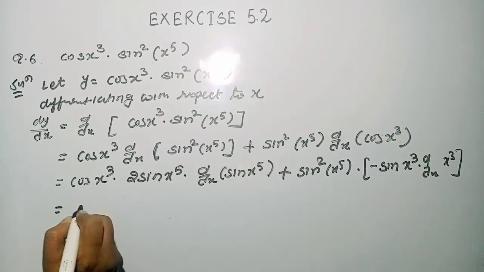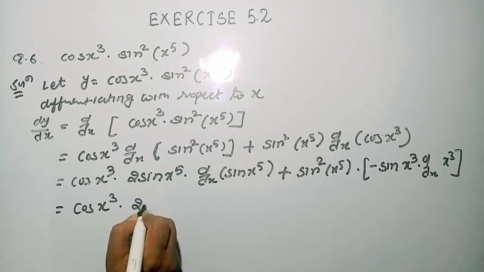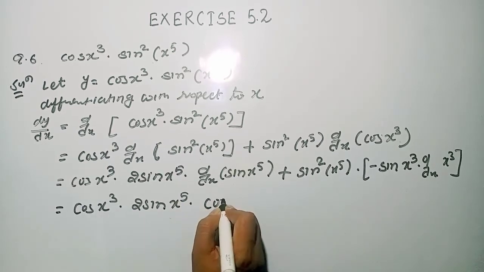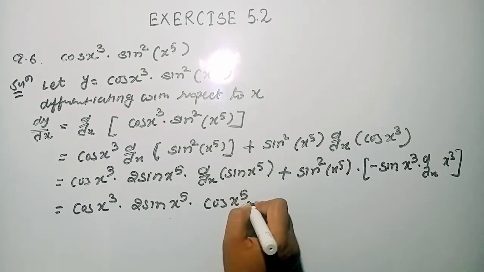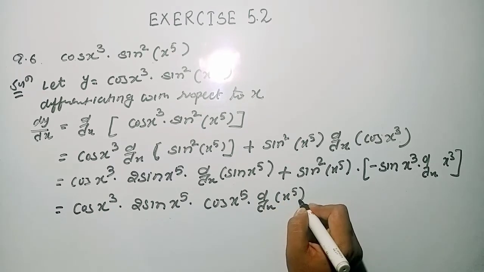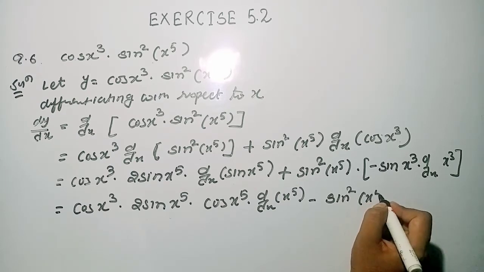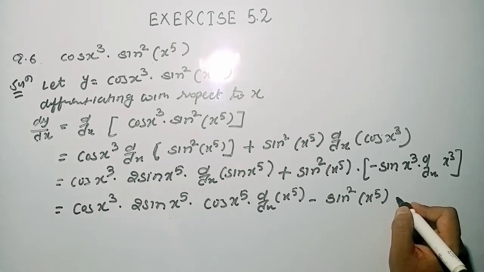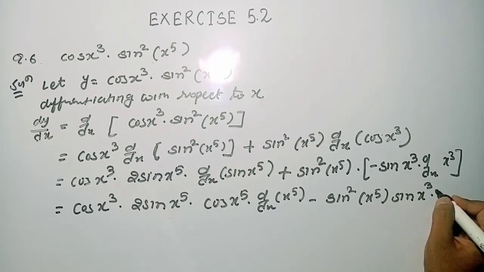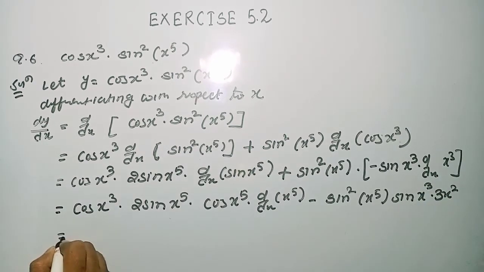So here we are getting cos x cube into minus 2 sin x to the power 5. Derivative of sin x to the power 5 will be cos x to the power 5, and again we take the derivative of x to the power 5, plus sin square x to the power 5 into minus sin x cube into 3x square, the derivative of x cube.